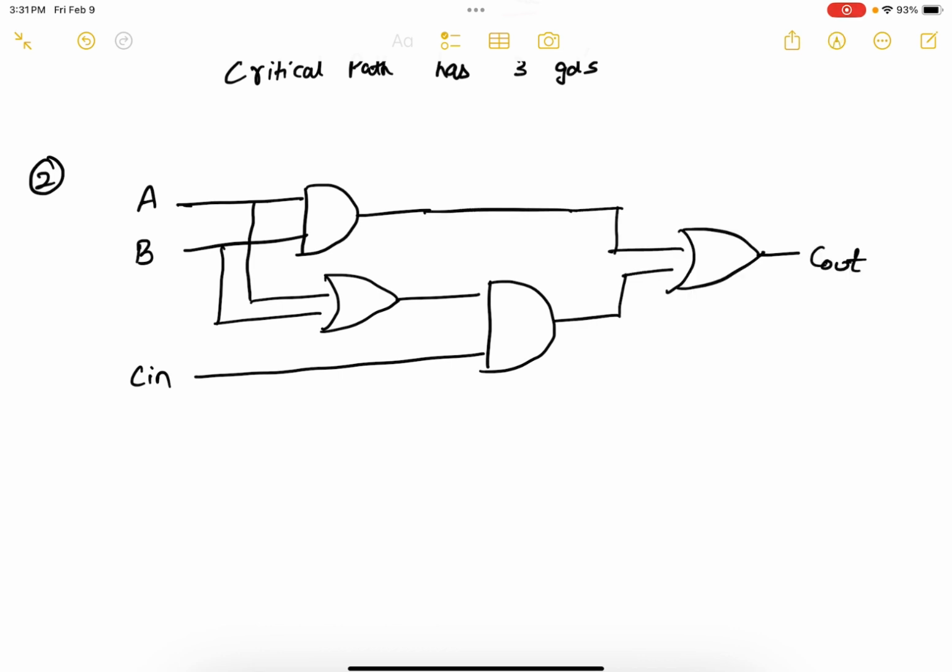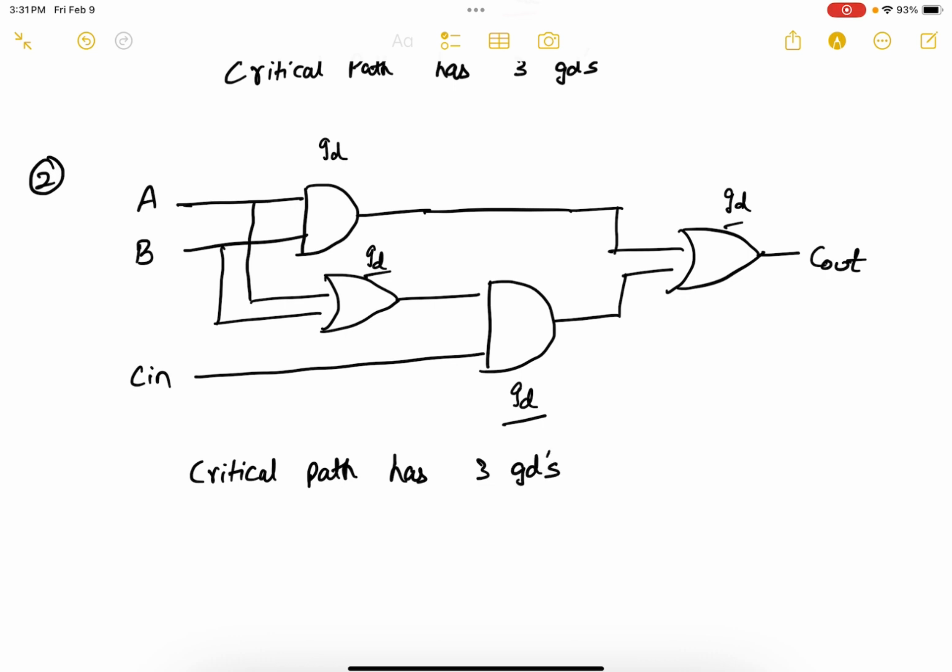Again, assuming that all gates have a gate delay of GD and they are equal, the critical path again will have one gate delay, two gate delays, and three gate delays. We cannot take the upper path because that's only two gate delays. So Cout, you're guaranteed to get after three gate delays. Therefore, the critical path for the second equation would also be three gate delays.